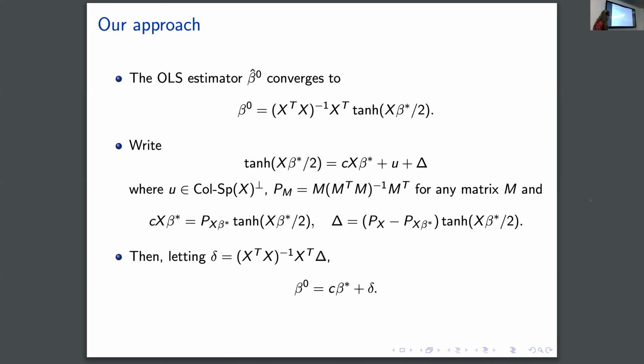So if C and delta were known, this is an extremely easy relationship to invert, and we could convert a least squares estimator into an estimator of beta star. Unfortunately, C and delta are not known. But if you look at their expressions, they depend on the unknown parameter beta star only through this term x beta star.